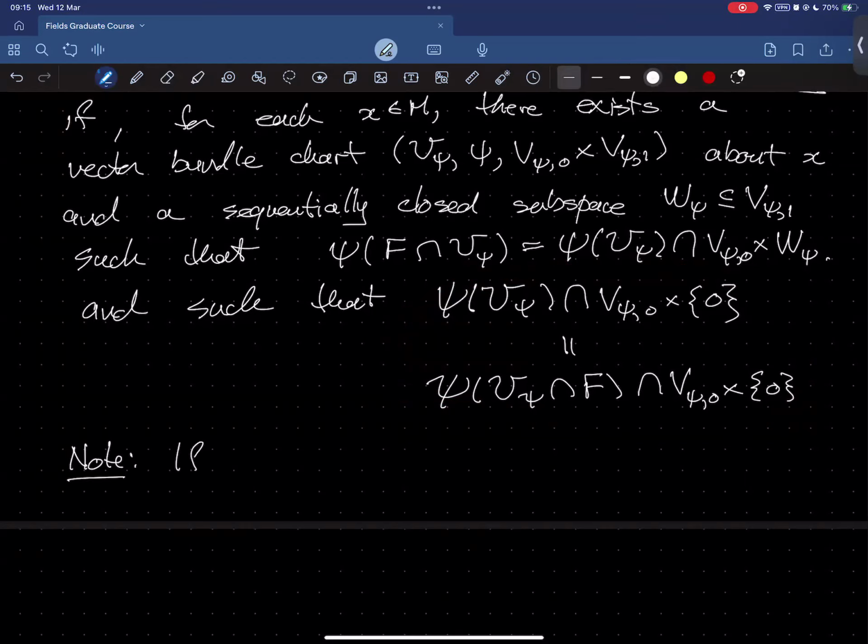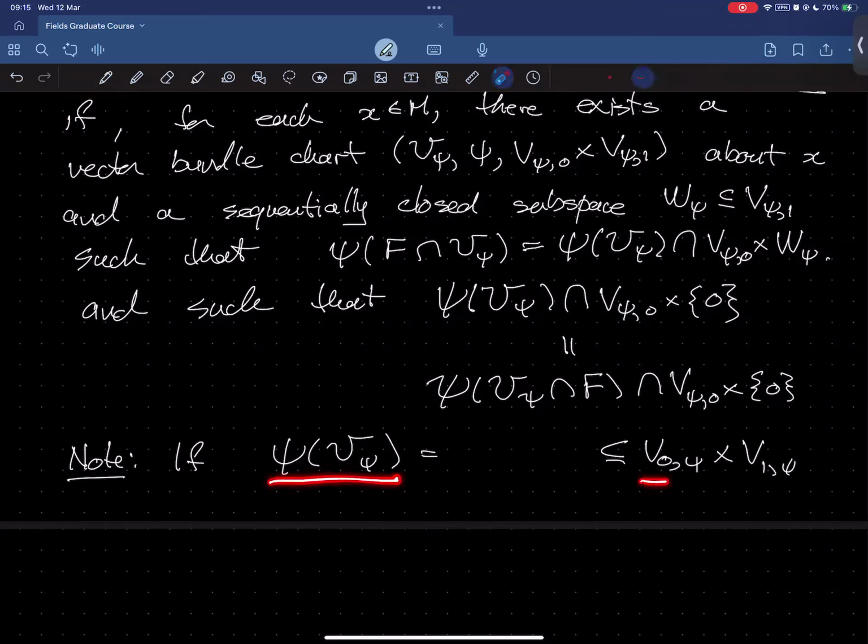If psi of V psi is equal to, let's say, it's going to be a subset of V0 psi cross V1 psi. And the point is that the image of the chart domain is going to be a local vector bundle. And so this is going to look like, let's say, O cross V psi 1.